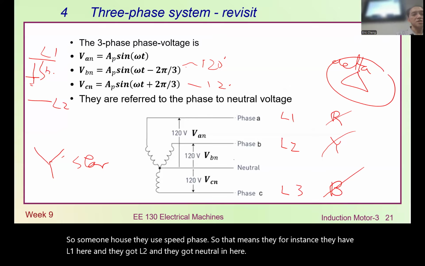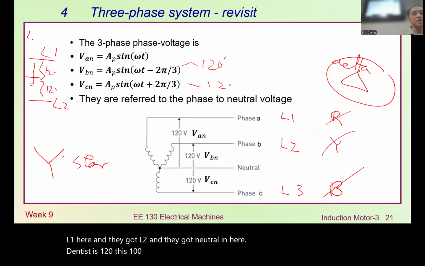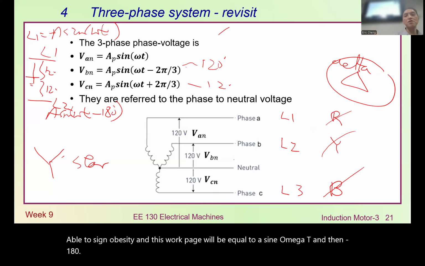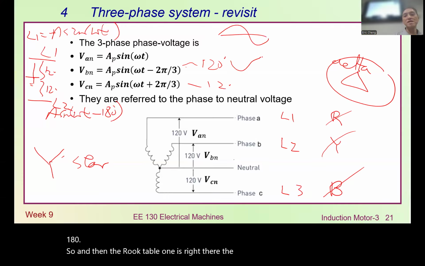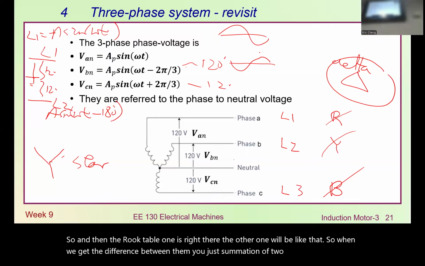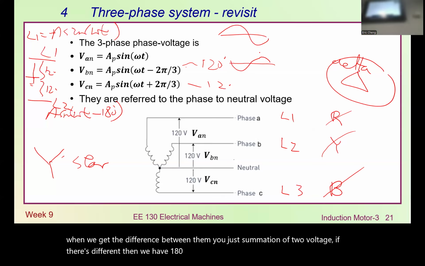Then this is 120, this is 120, but L1 equals some voltage, say A sine omega t, and this voltage equals A sine omega t minus 180 degrees. The voltage one is like that, the other one like that, so when we get the difference between them, it's just the summation of the two voltages. If there's split phase, then we have 180 degrees each. That's one of the examples.